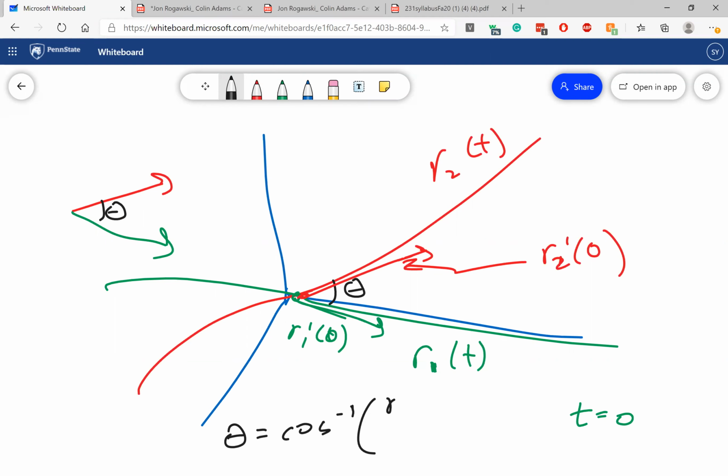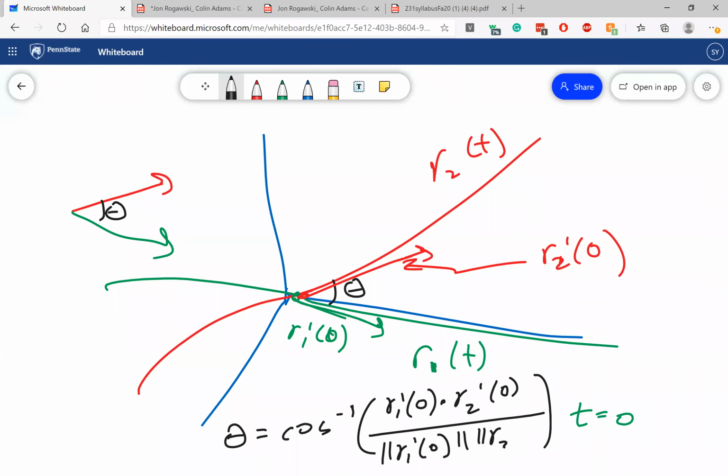So R1 prime of 0 dotted with R2 prime of 0 over the magnitude of R1 prime 0 times the magnitude of R2 prime 0. Okay, so this is a type of question that it can appear. It uses things that we already know before, the dot product, how to find angles, but it also uses new things that we just learned, like how to find the tangent vector of different curves.